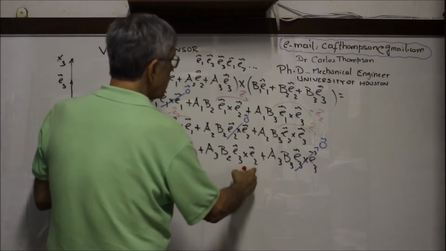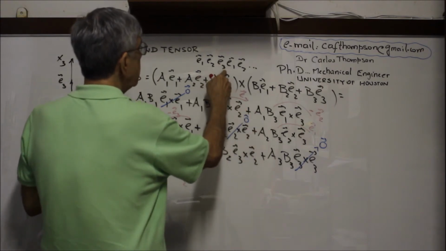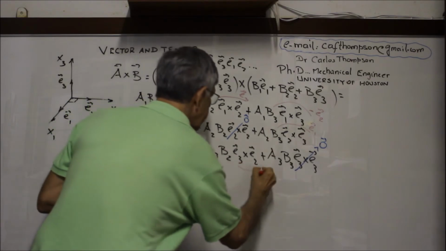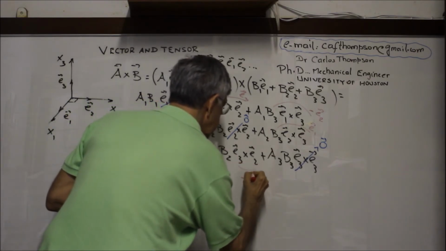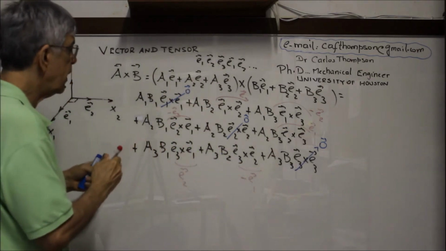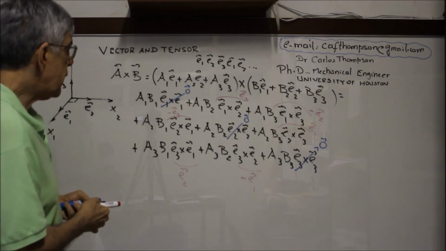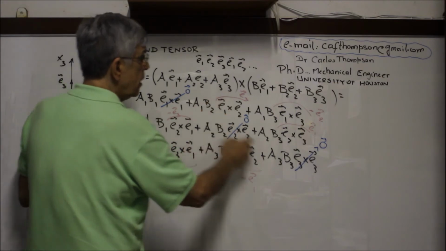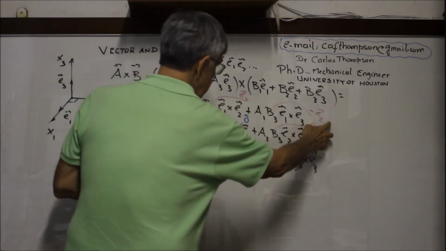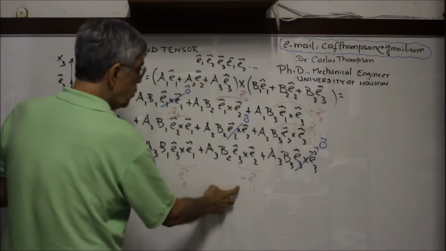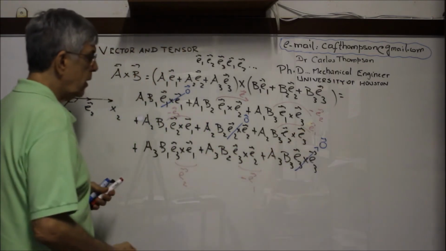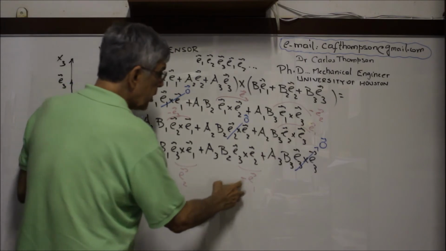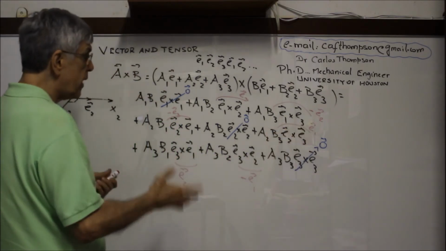Here, E3 cross E2 is minus E1. See? Now, we have E3 here, E3 here, E2 here, and E2 here, E1 and E1. Each couple is plus and minus.